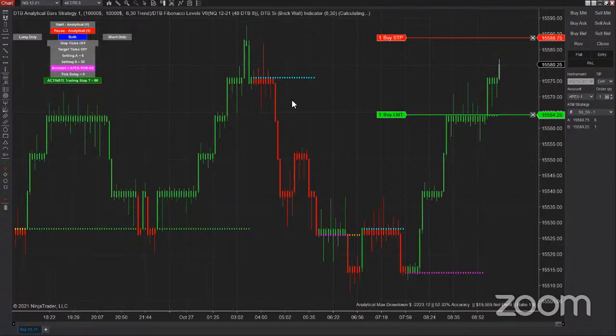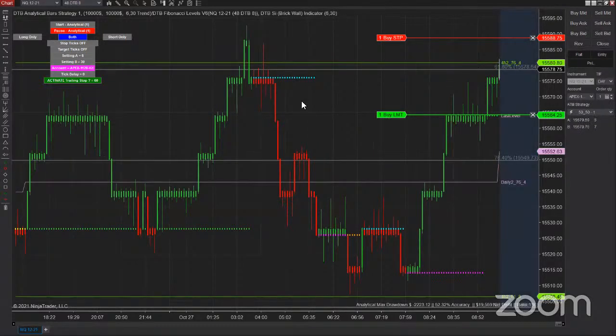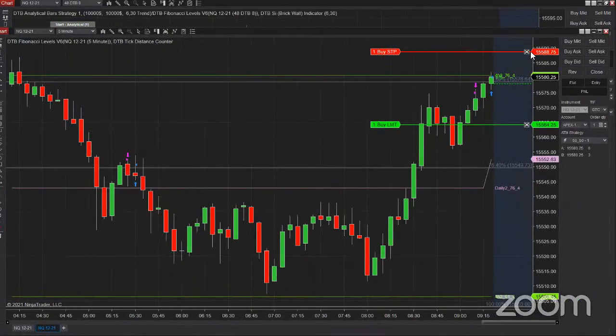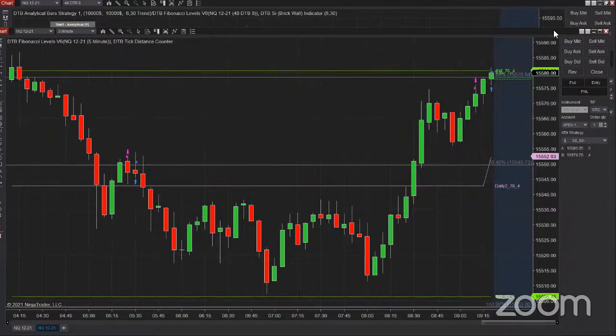I did not want that to happen. I refreshed my chart, this other 5-minute chart that I had active. It seemed like it was stuck, so I refreshed it, and now it's messed up the order that I had active. So that's not so good.